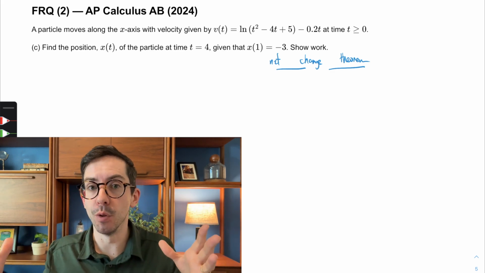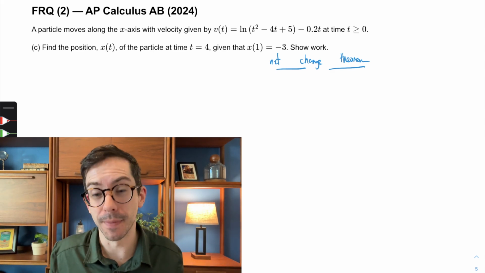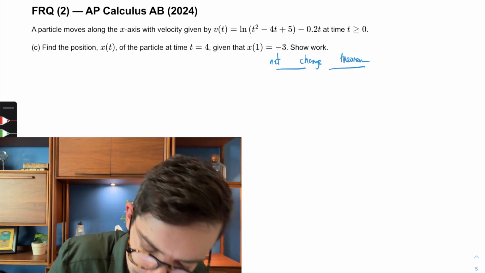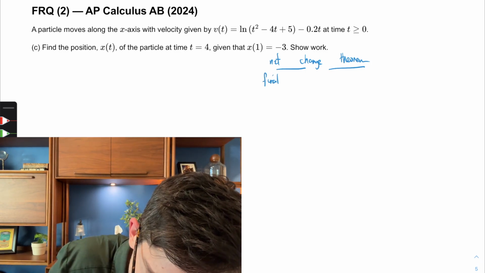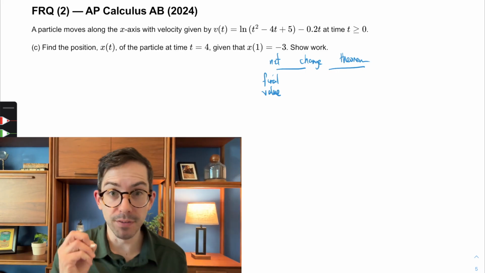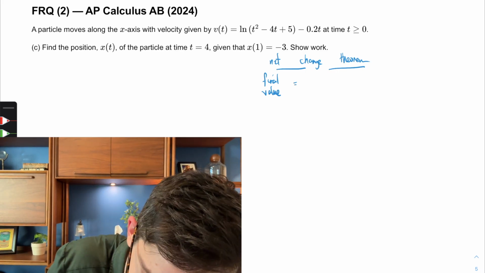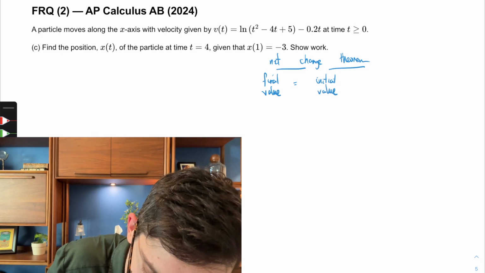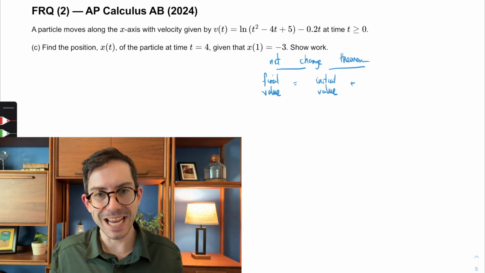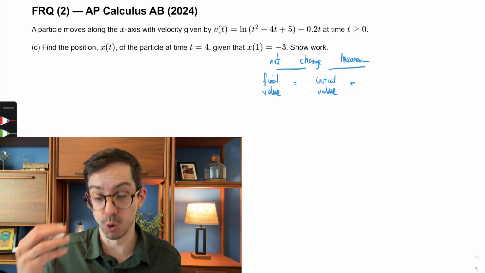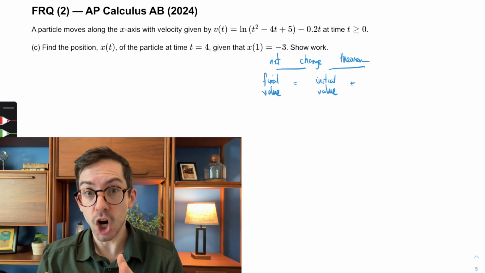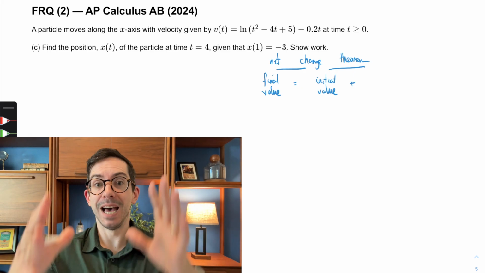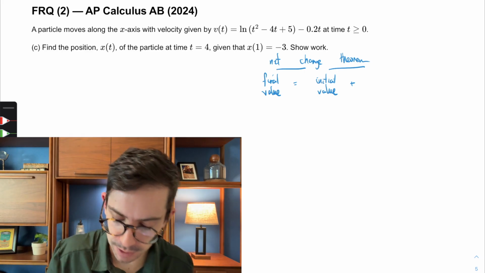So the final value of my function is going to be the initial value, what it started at, plus the net change, what happened between the start of my time interval and the end of my time interval.